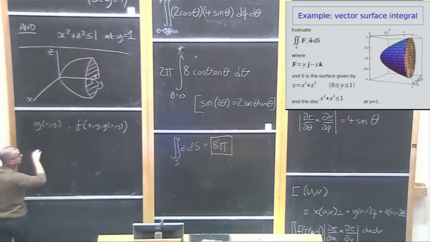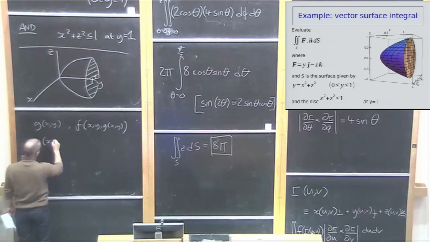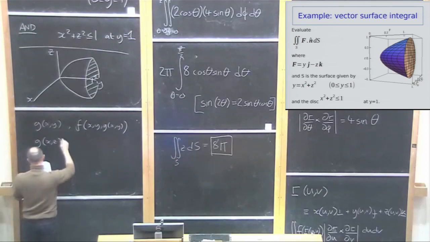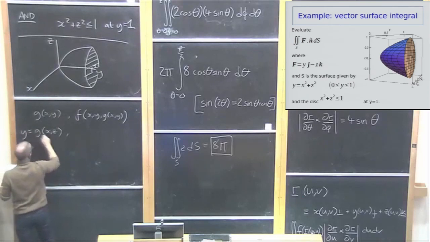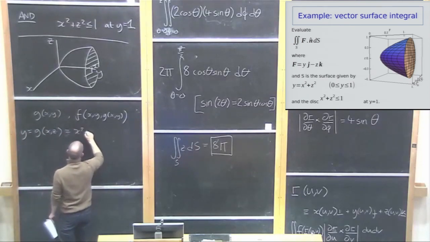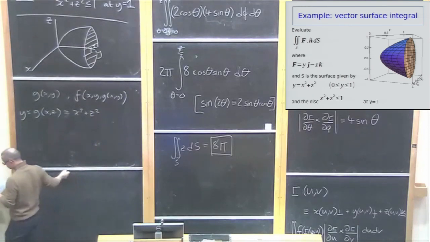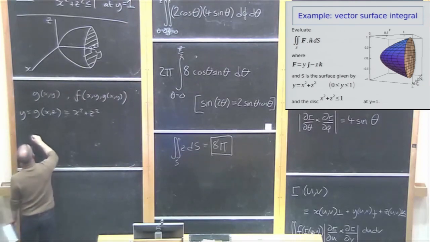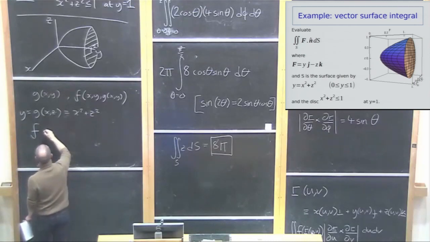But in this case, of course, our g, our surface, is a function of x and z. That's our parabola, and that equals y. So this equals x squared plus z squared. So we want to work out the gradient of some 3D scalar field, which is the equipotential of this.